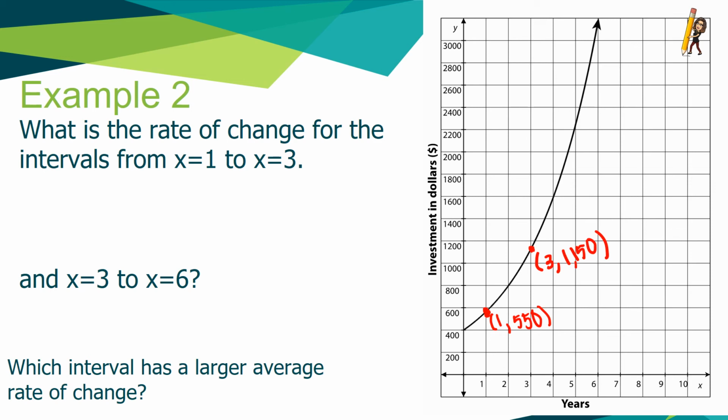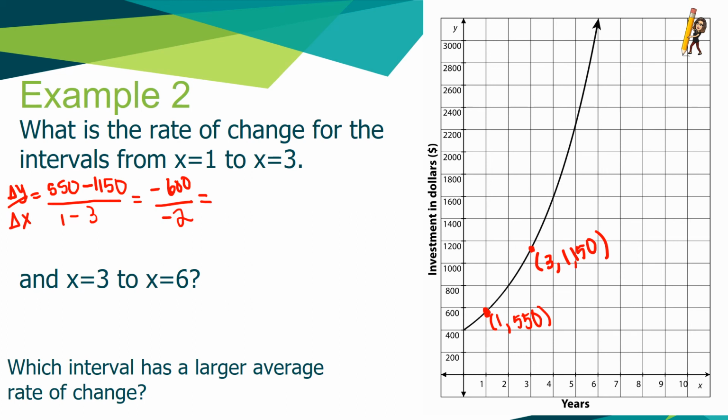So now we found our starting and ending points. Those are our first 2 steps. Now we have to calculate the change in y over the change in x. So my change in y would be 550 minus 1,150 all over the change in x, which would be 1 minus 3. So 550 minus 1,150 is a -600 all over 1 minus 3 is a -2.